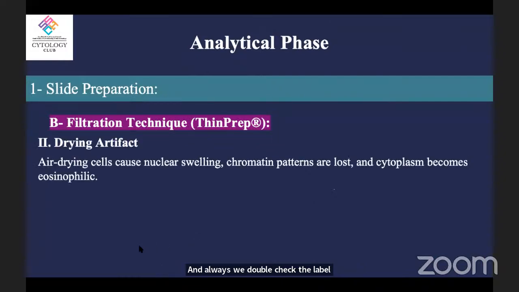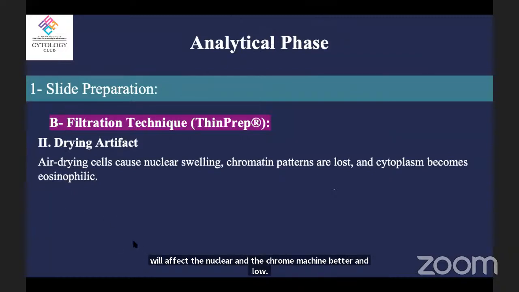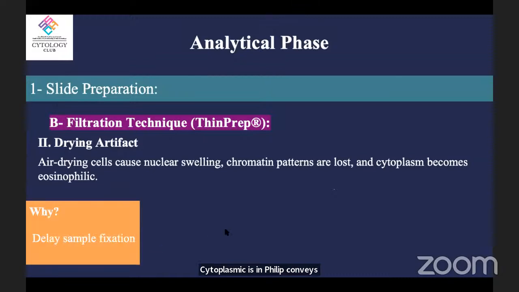The second issue is air drying artifact. As we said, it will affect the nuclear and chromatin pattern and lose the cytoplasmic eosinophilic components. Why is it happening? Because of delayed sample fixation, and this happens when you prepare the slide in the thin prep machine and you transfer the slide from the machine to the container for fixation.